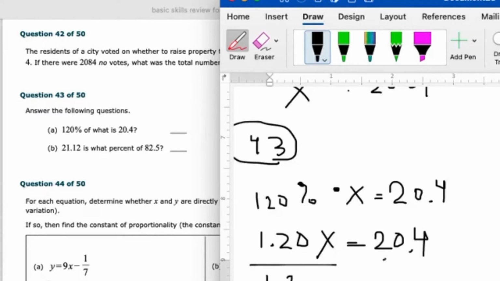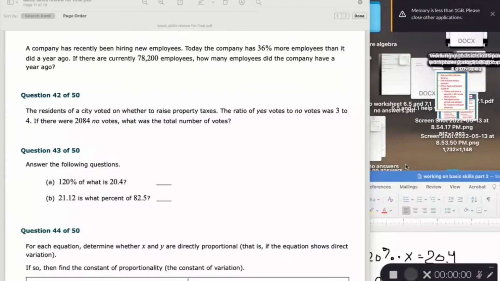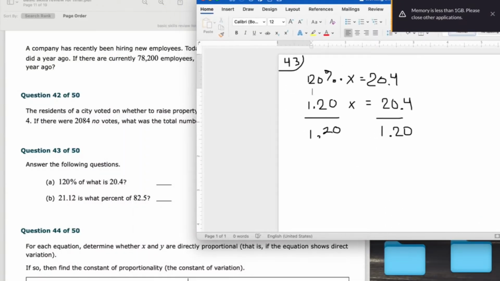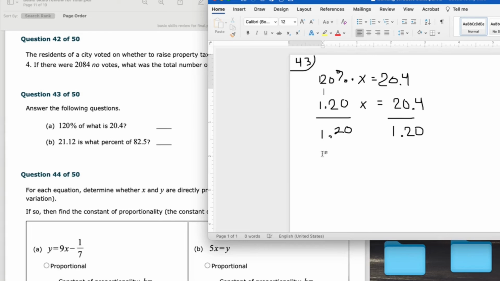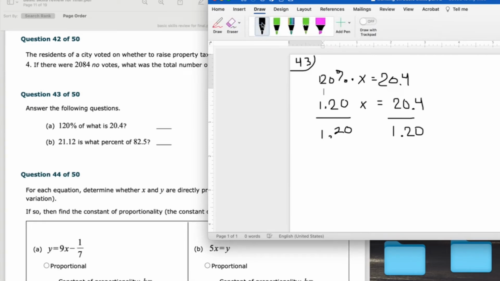So then divide by 1.20. Here we are finishing 43. We were almost done with it when I had to finish class. We had divided 1.20 by 1.20, leaving only the x.